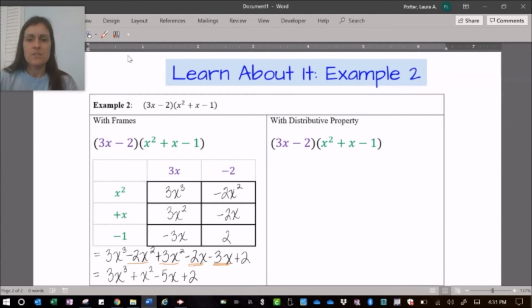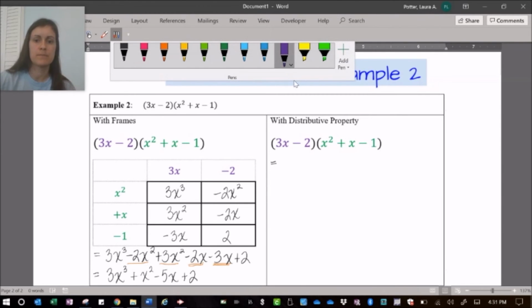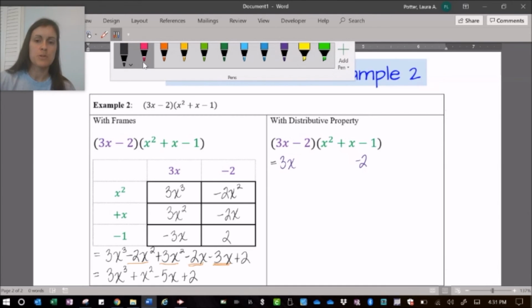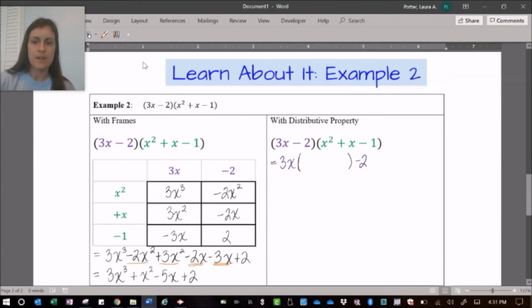In the second strategy, I'm going to apply the distributive property. I'm going to take the 3x and the -2 from the first factor, and I'm going to multiply them by everything in the second factor.